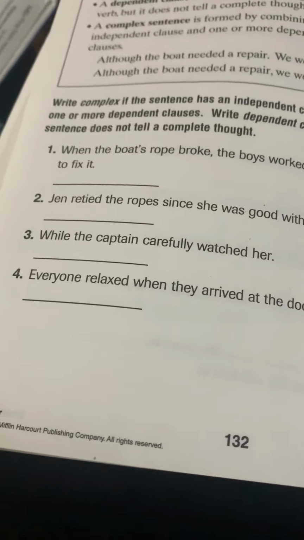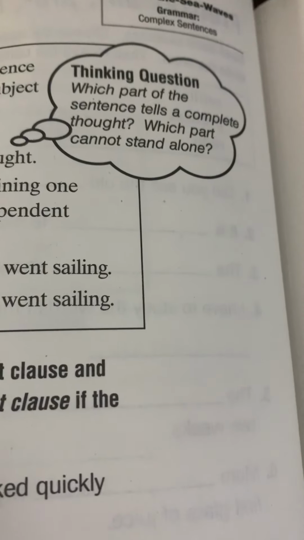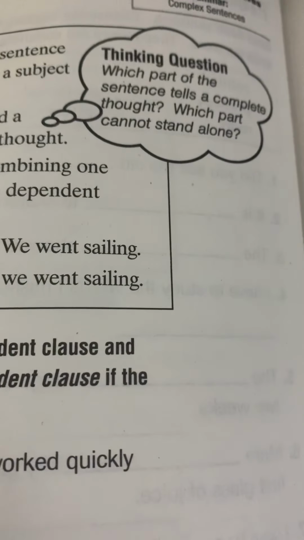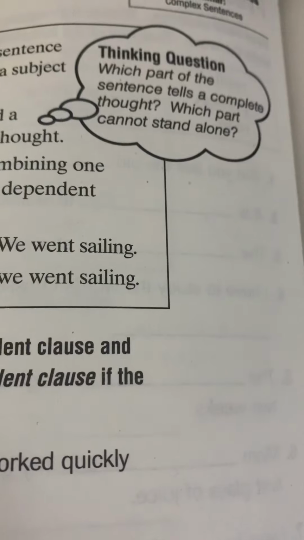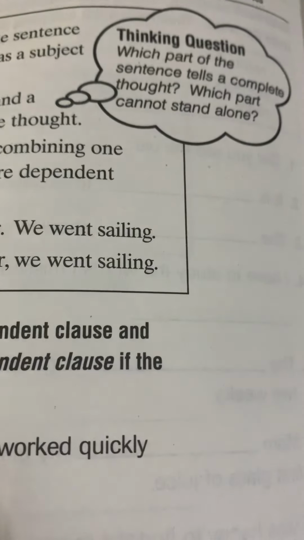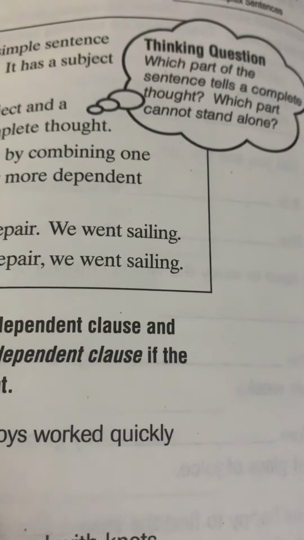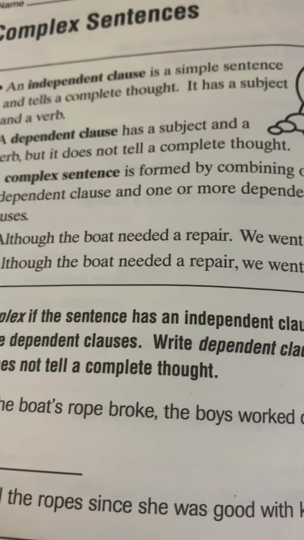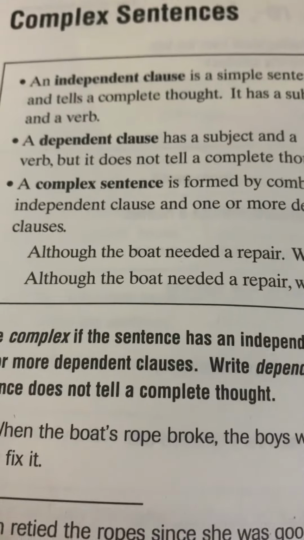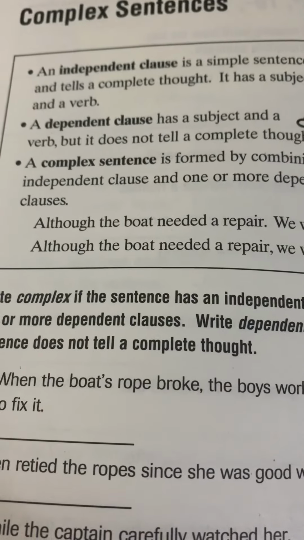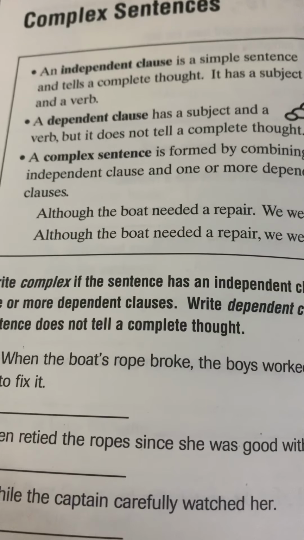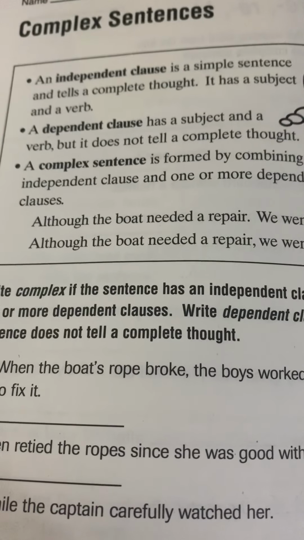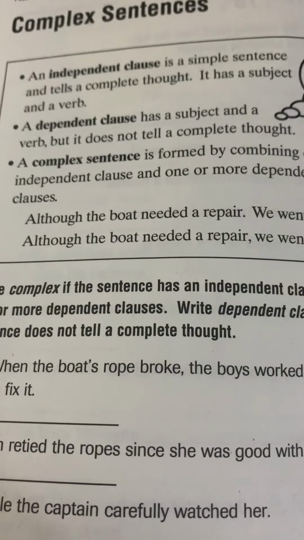So you want to ask yourself that thinking question. Which part of the sentence tells a complete thought? Which part cannot stand alone? And it's okay to think back to these rules about the independent clause and the dependent clause, which brings you to what a complex sentence is.